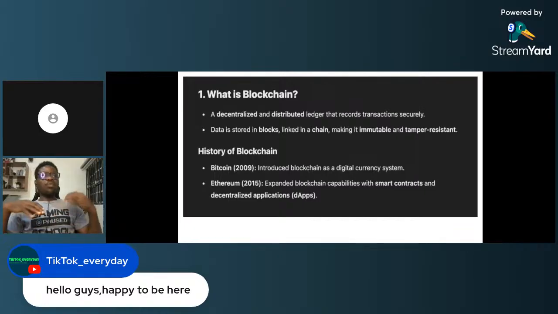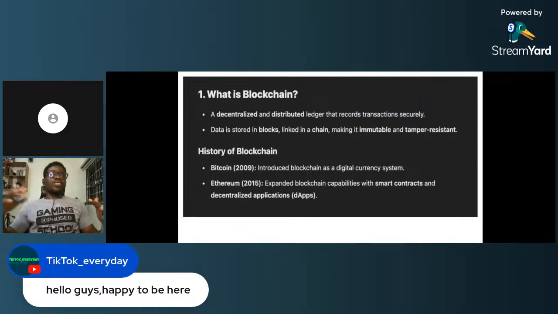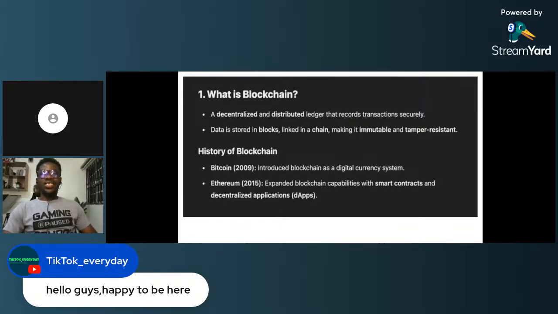Most of all these things happen in split seconds. There's no room for manipulation, and that makes it secure. It's chained, linked, and bound in time. So data is stored in blocks linked in a chain, making it immutable and tamper resistant.